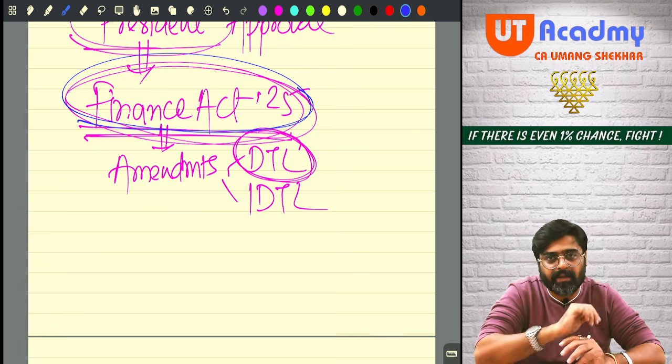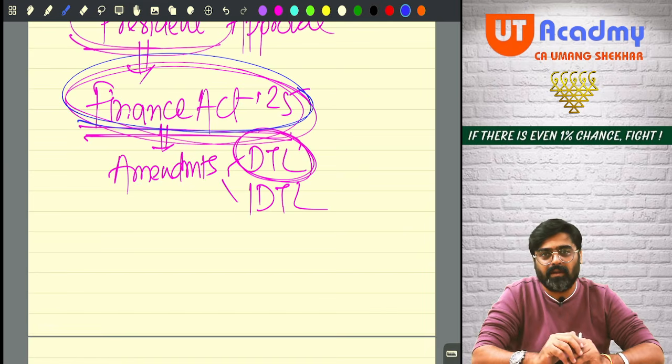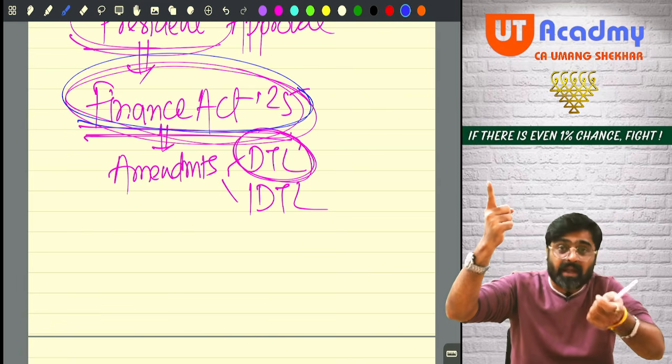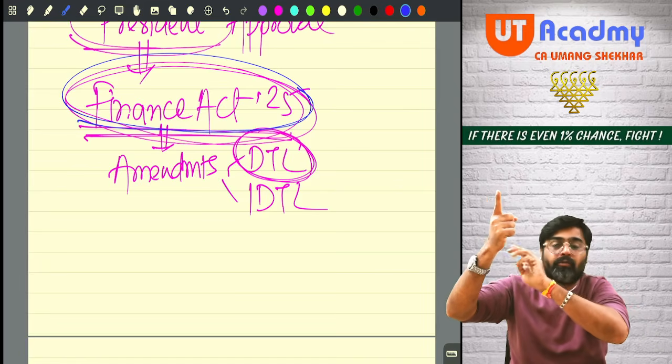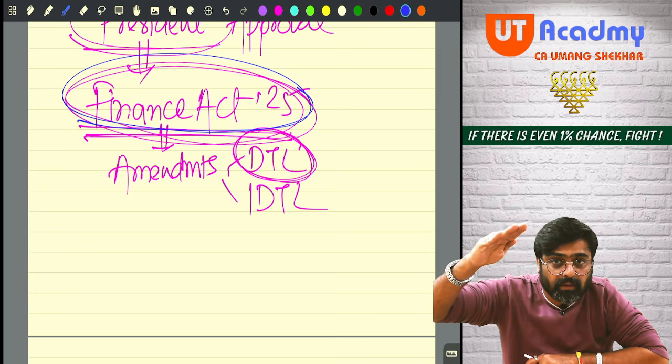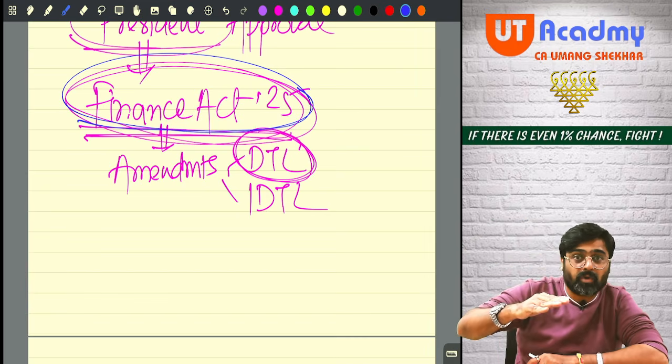This process will take time. The budget was presented in Parliament on 1st February 2025, and from this budget, changes were proposed.